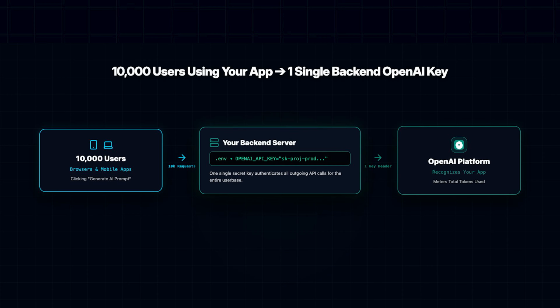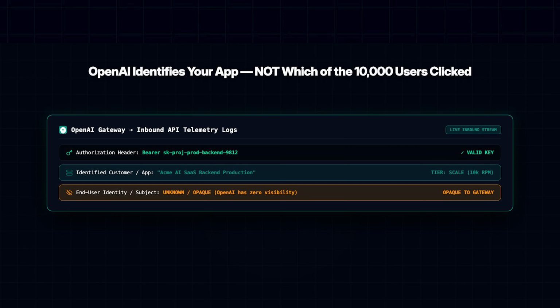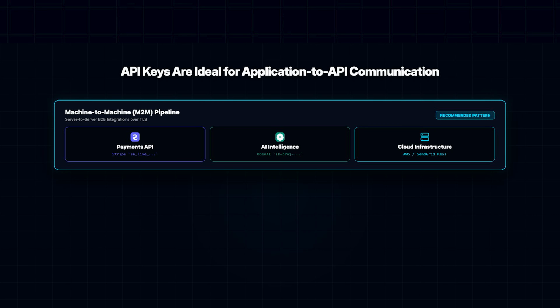For example, suppose my backend has one OpenAI key and 10,000 users are using my application. When my backend calls OpenAI, OpenAI can identify my application from that key, but the API key itself does not tell OpenAI which one of my 10,000 users clicked that button. So API keys are very useful for application-to-application communication.